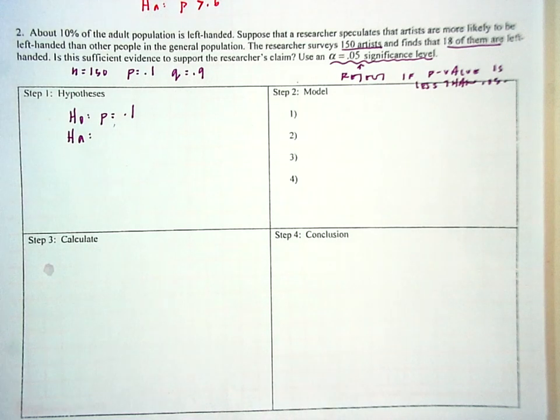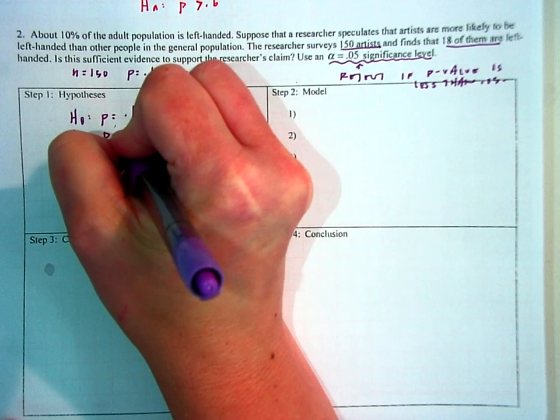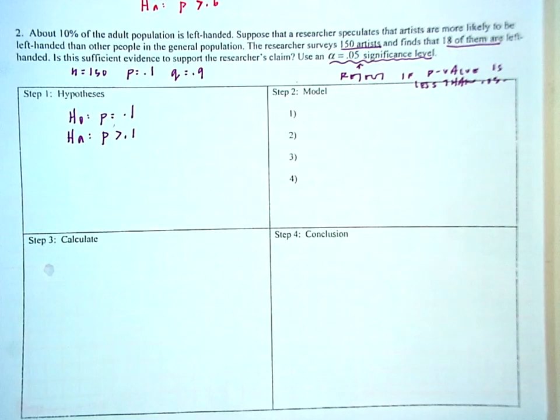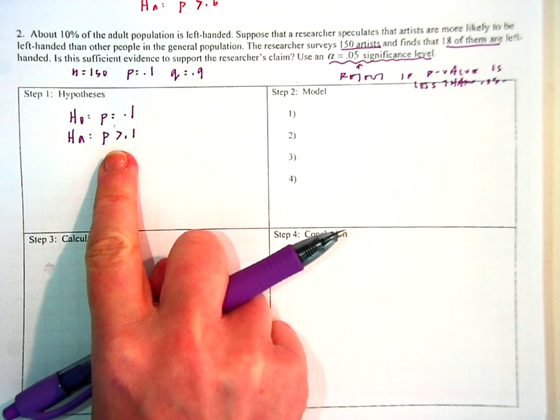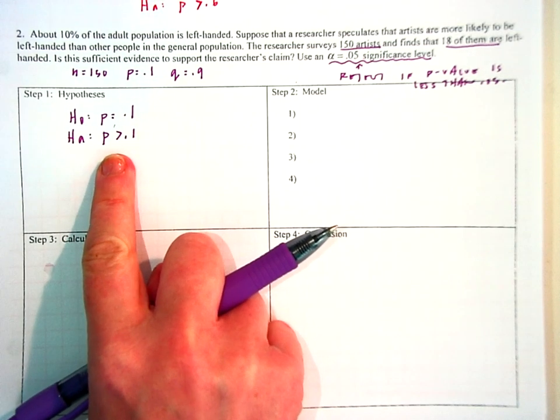So we're saying, well, we think that that level should be more than 0.1. So I have my null, status quo, business as usual. What is it that I think has changed? I think that there are more lefties with this artist group than in the general population. So one-tailed, and we're saying upper tail, greater than 0.1.